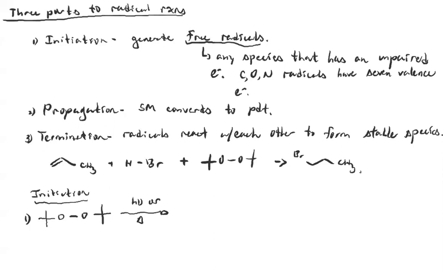In this case, either one of these will work. The oxygen-oxygen bond is a very weak bond, 36 kcal per mole, and so it doesn't take a lot to fragment that bond. The way that it's going to fragment is by what we call a homolytic cleavage.